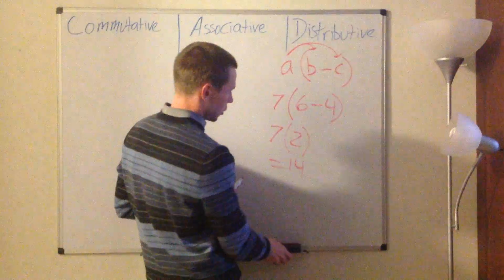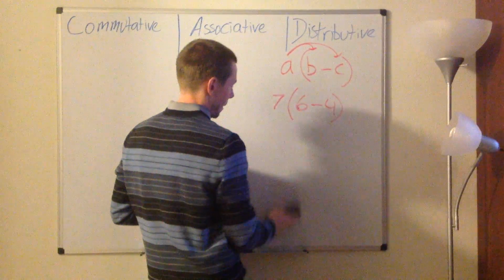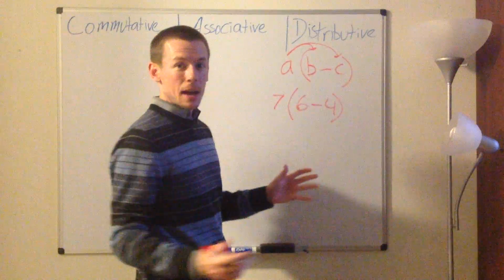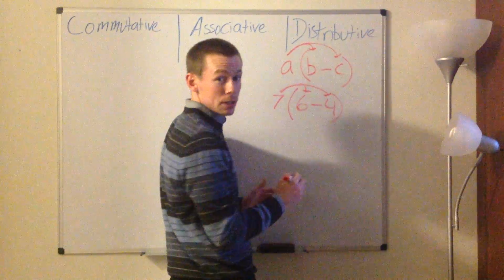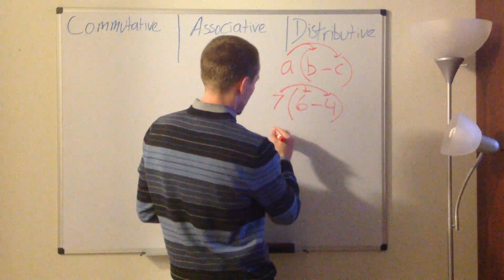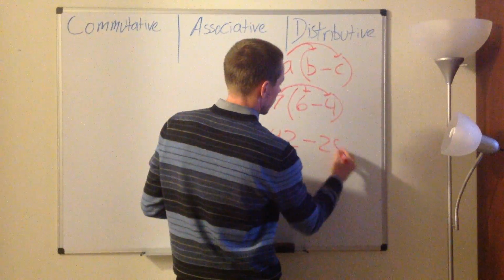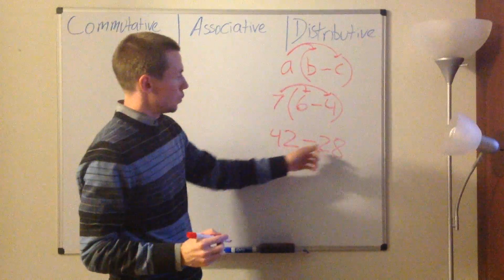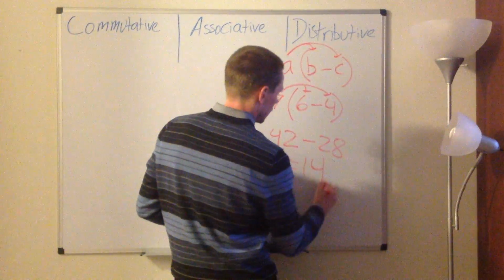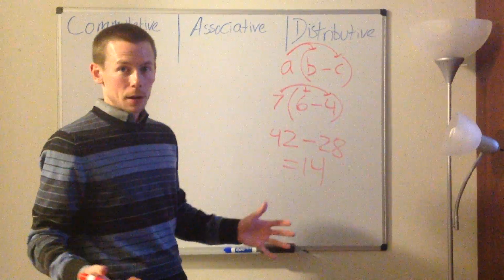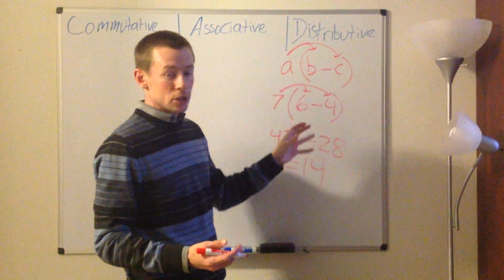But now let's say I distribute. So I'm going to do 7 times 6 and I'm going to do 7 times 4. And that gets me 42 minus 28. And 42 minus 28 is 14 as well.